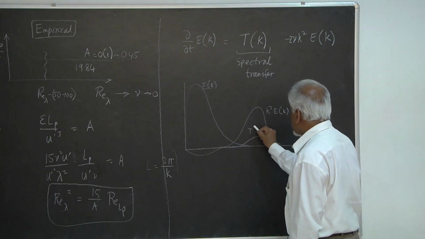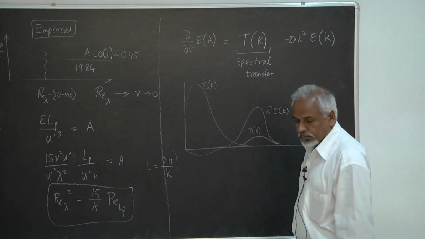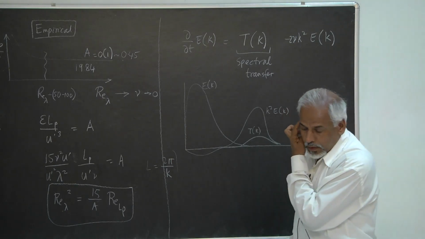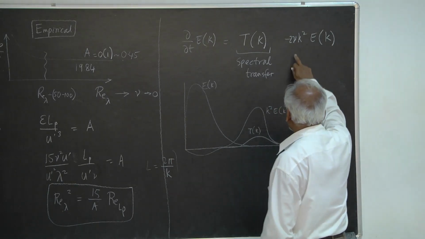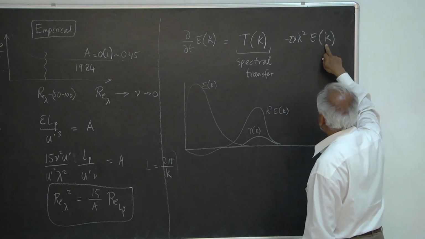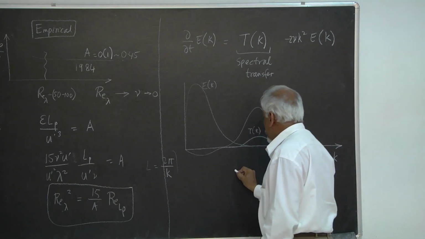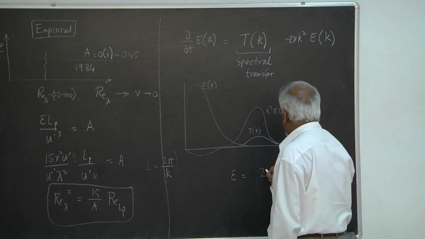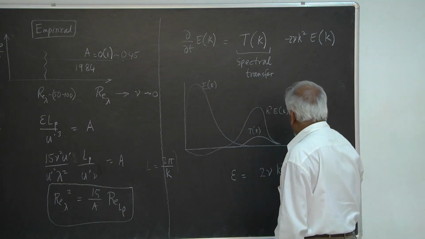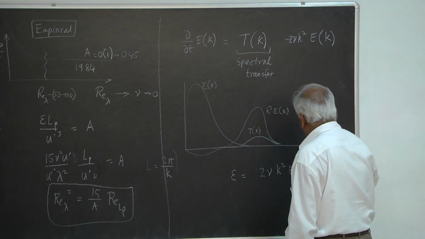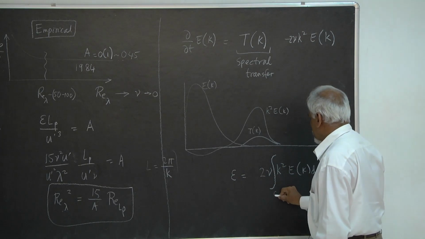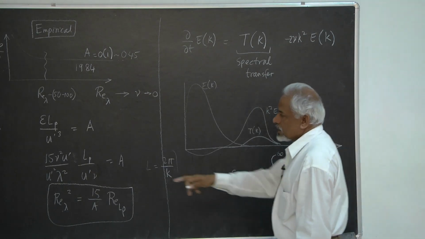Now, this is the dissipation at any given wave number. If you want to get the dissipation epsilon, all you have to do is take 2 nu k squared E of k and integrate it over all wave numbers, so that would be 0 to infinity. And that's the same epsilon.